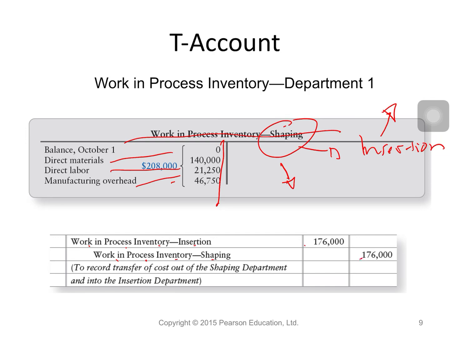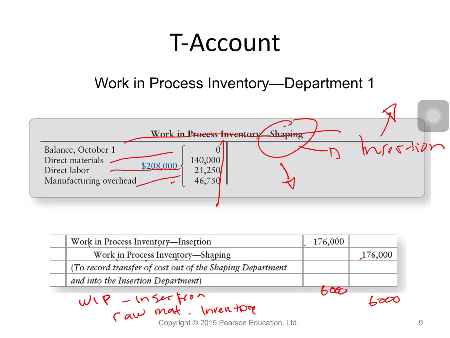For example, you add more direct materials into the work in process insertion. Then you record work in process insertion here, and raw materials inventory on the credit side, for example maybe $6,000.